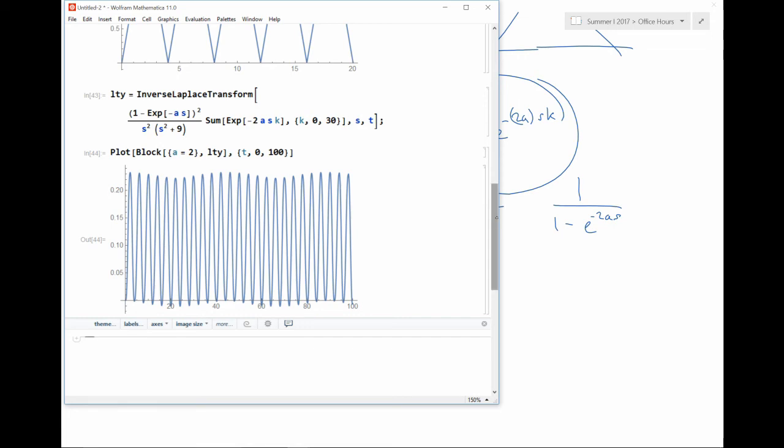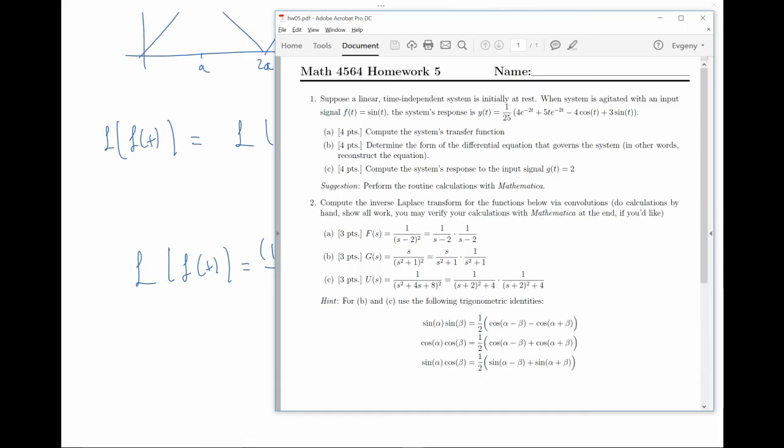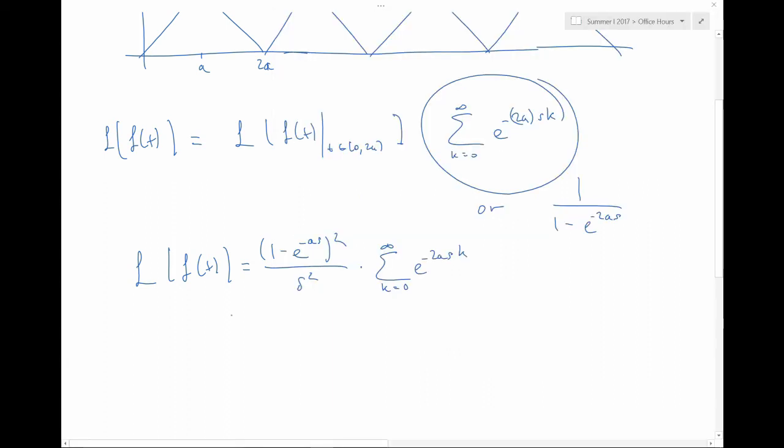So this was my comment for homework 4: a lot of you forgot to add the summation term to your solution, and as a result you did not compute the correct solution y for the differential equation.